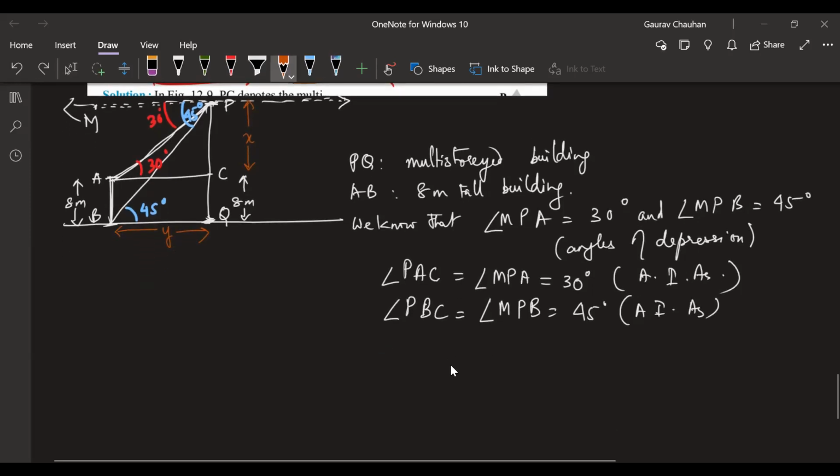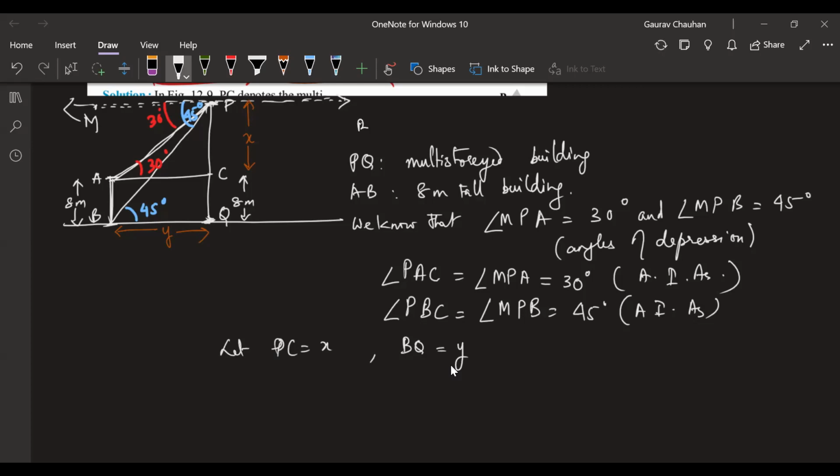Getting back to this question, okay? You're going to write: let PC be equal to x and BQ be equal to y.